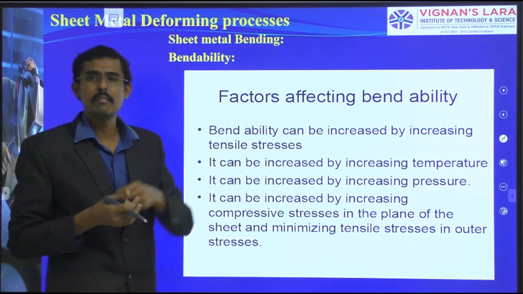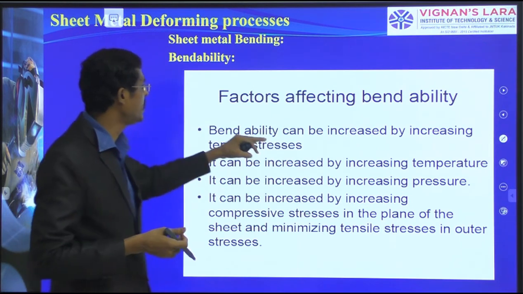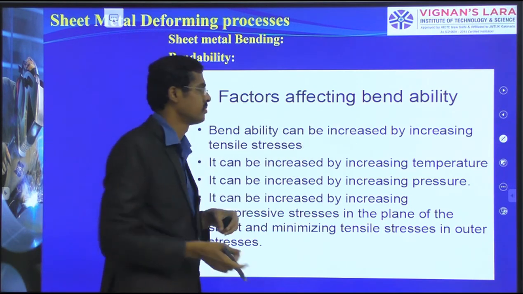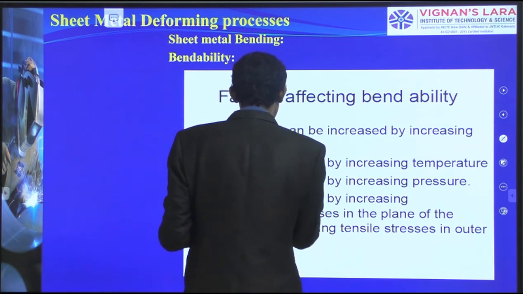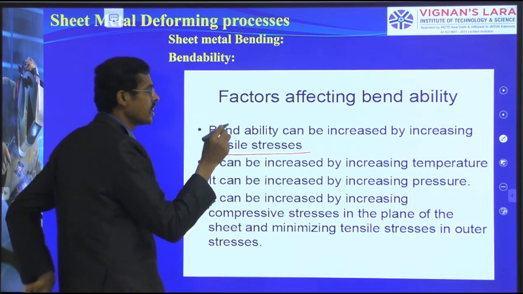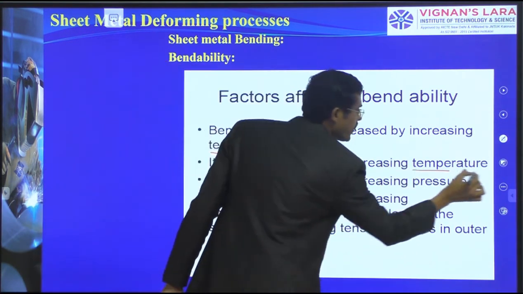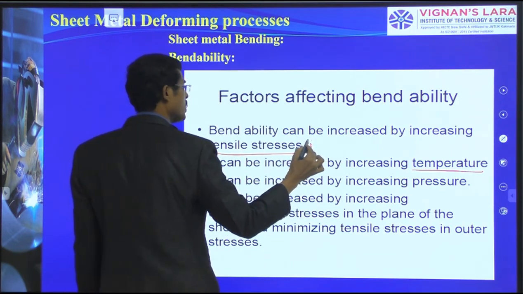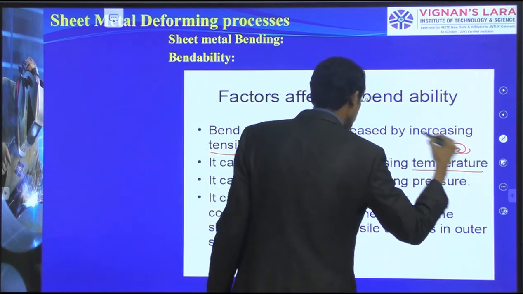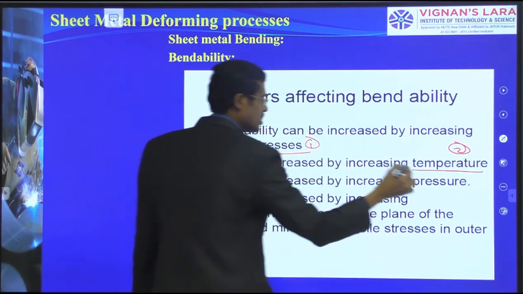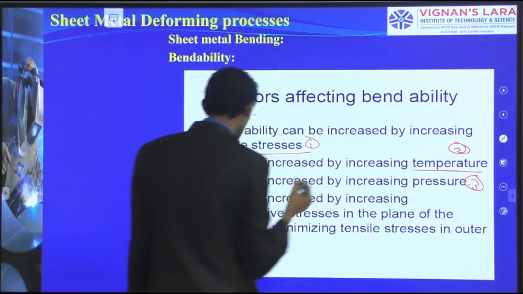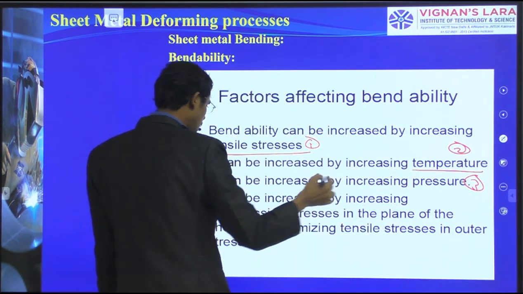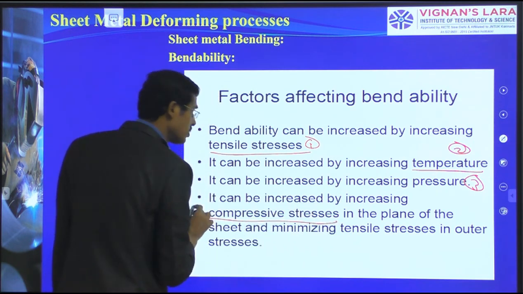Factors affecting the bendability. Bendability can be increased by increasing the tensile stresses. It can be increased by increasing the temperatures. It can be increased by increasing the pressures. It can be increased by increasing the compressive stresses.